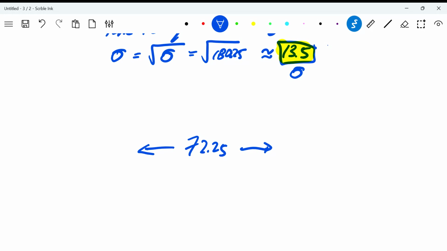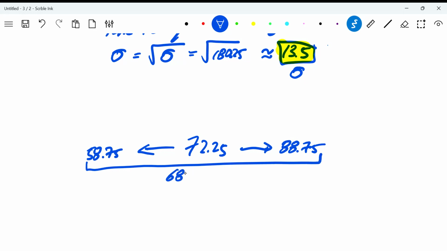I'm just sort of adding it in, that the concept of this is you would have 58.75, and here you'd have 88.75. And I'm just checking my numbers. And this amount to this amount is 68% of the data. And then we could go further, another standard deviation, if we wanted to incorporate 95% of the data.